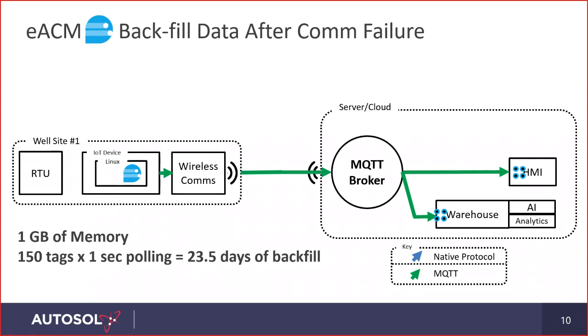And you can mix and match this metric as well. eACM does not save every tag by default. You get to select what tags you want. So if you only really care about 10 tags on a 2,200 tag rack you have, then you can just save those 10 tags. You can also break up these messages when you send them up, but I'll get into that later during the demo.